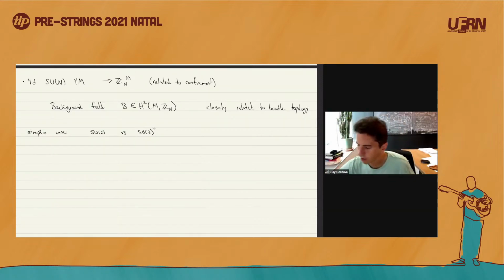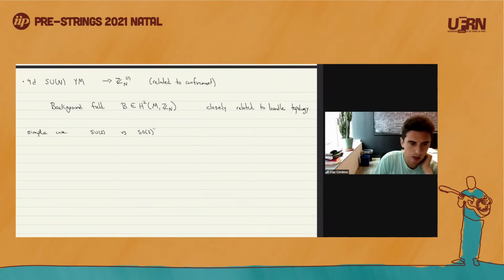Okay, so the first thing we need to know is how do we label topologically SU(N) bundles, or SU(2) bundles? These are labeled by an instanton number.